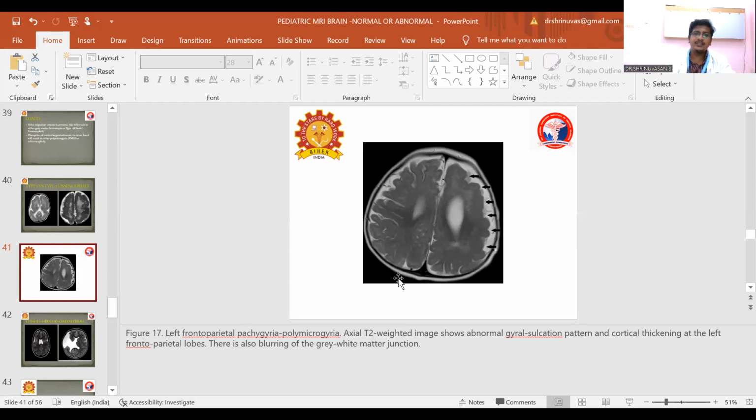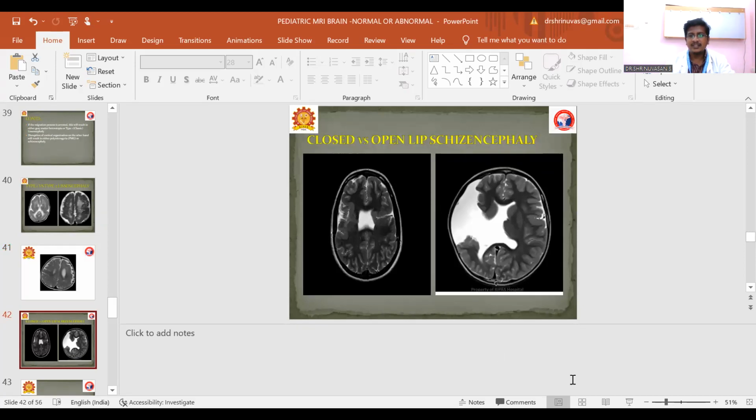The axial T2-weighted image shows an abnormal sulcation pattern and cortical thickening at the left frontoparietal lobes. There is also blurring of the gray-white matter junction. So this is the complex which is seen classically in the frontoparietal region, that is the pachygyria and polymicrogyria complex.